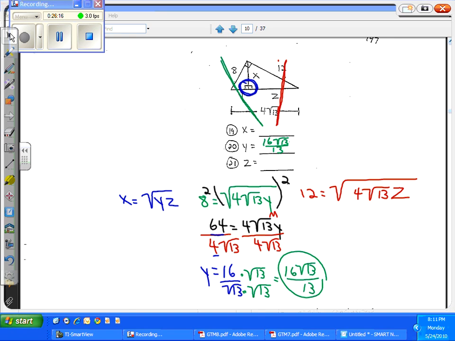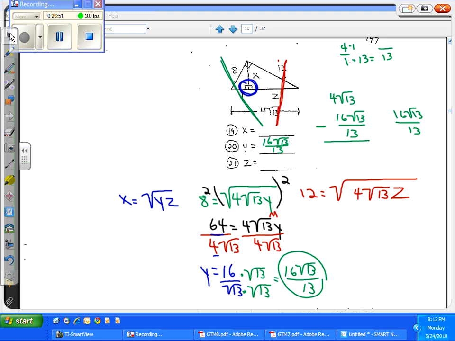Now, we could say the whole thing, 4 square root 13 minus 16 square root 13 over 13, right? The whole hypotenuse, 4 square root 13, minus y, that little piece on the left, 16 square root 13 over 13. And we can subtract. But to subtract, we need a common denominator. We're thinking 4 over 1 is how many 13ths?